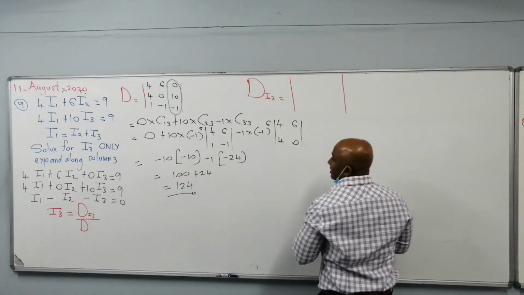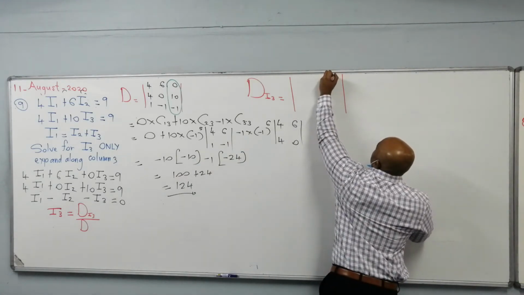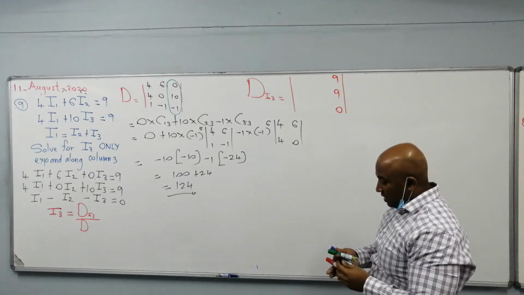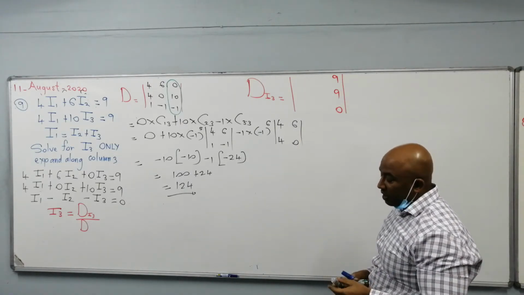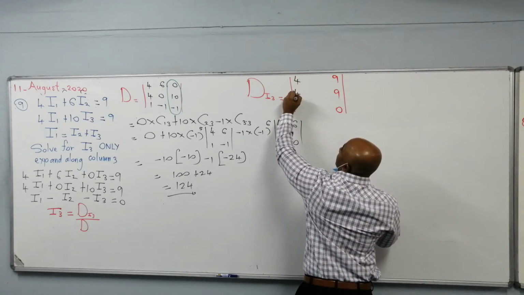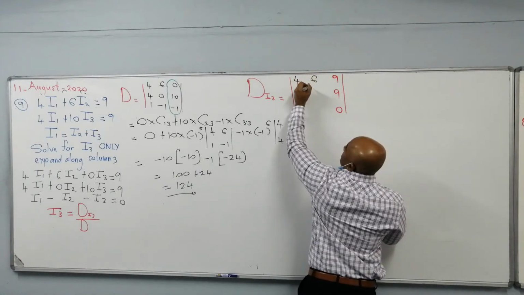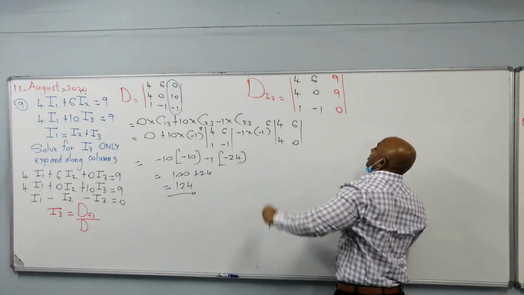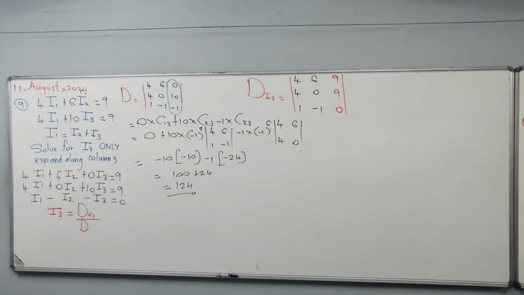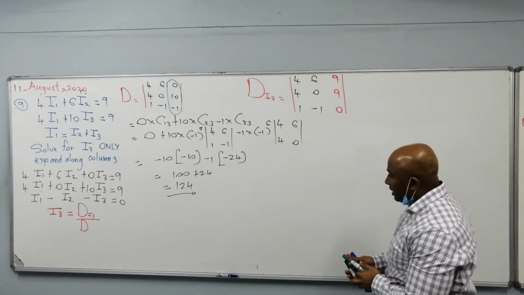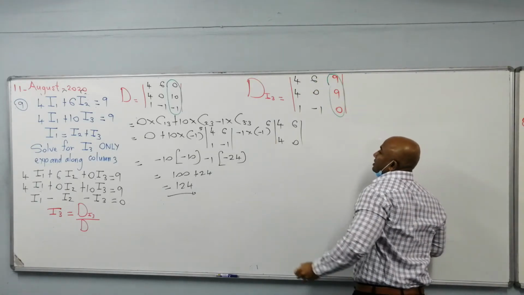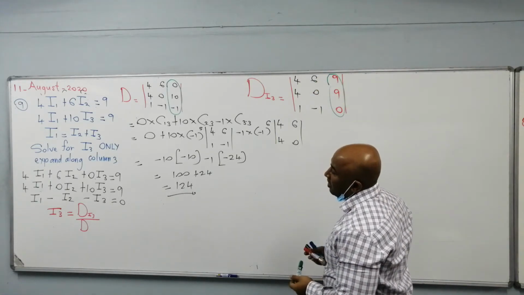So that's going to be 9, 9, 0. The I1 and I2 columns will remain the same, which is 4, 4, 1, 6, 0, minus 1. And we're still evaluating along column 3. So that was the instruction there: expand along column 3.